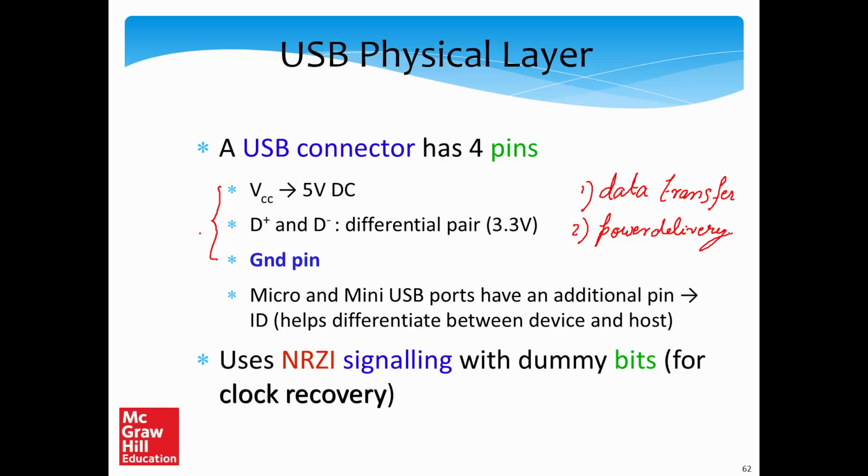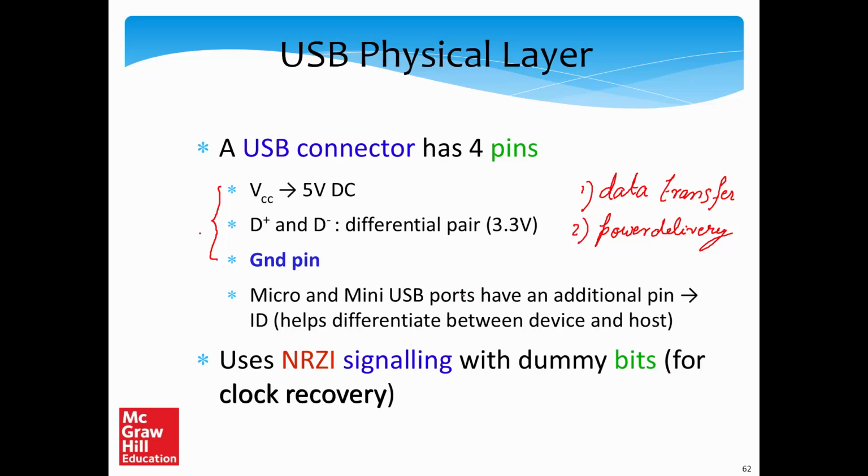The requirement for the latter is that there might be many devices, like small mice, pen tablets or flash drives which we insert, and they don't have a battery or any power of their own. That's the reason it is necessary for the USB port to actually supply the power.